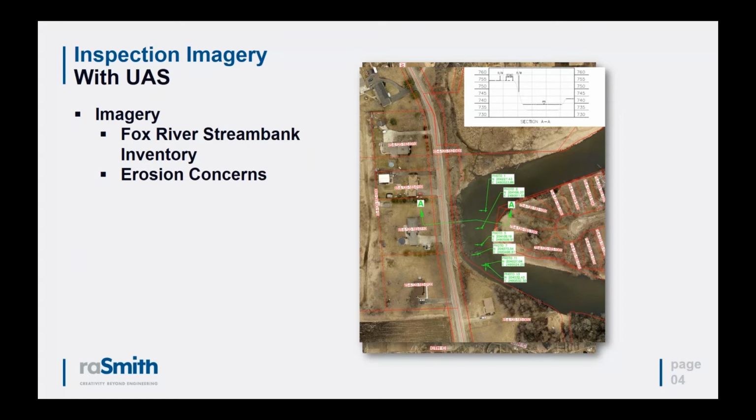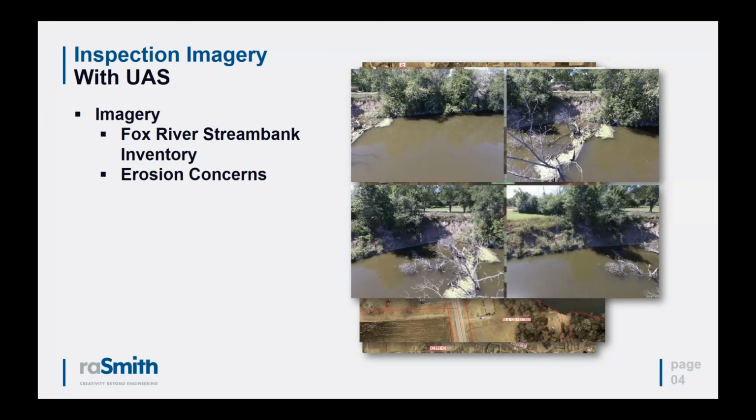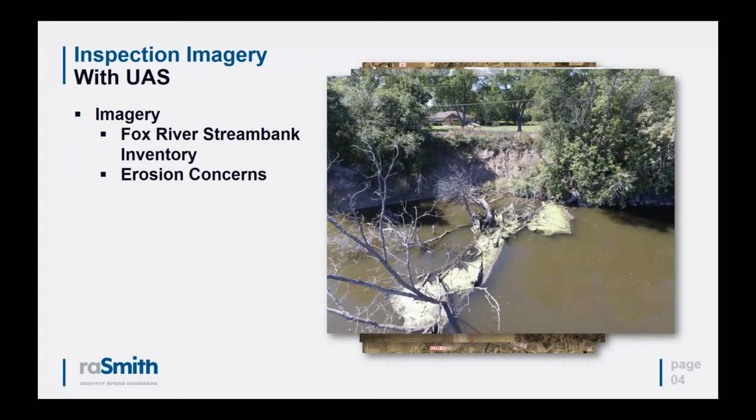And then what I have is a series of photographs taken from that site, showing how severe the erosion was in that locale. And then, so you can see a little better, a zoomed in view of one of those images, showing the extent of that erosion.